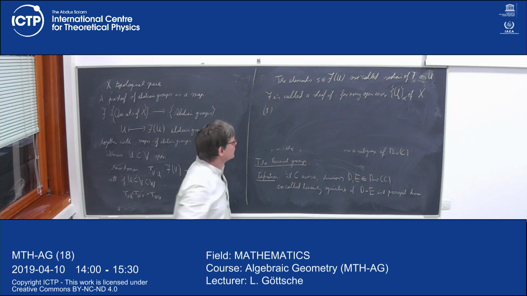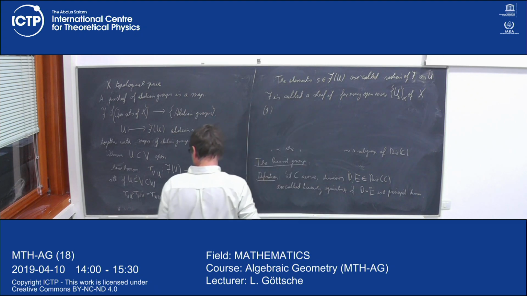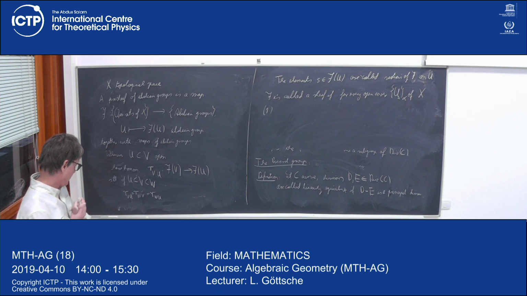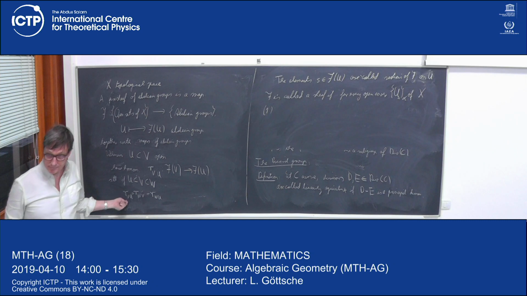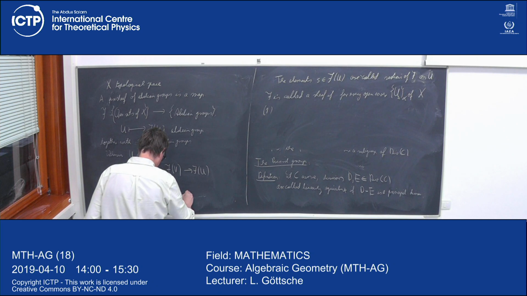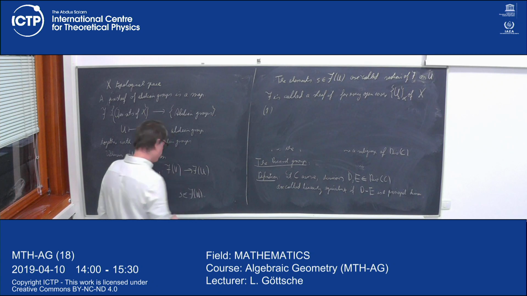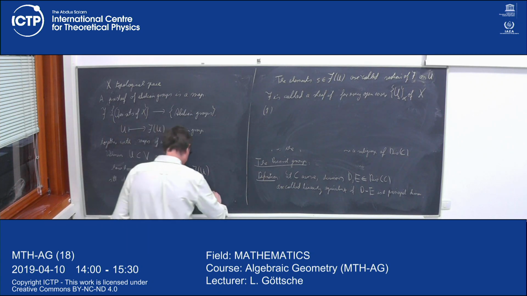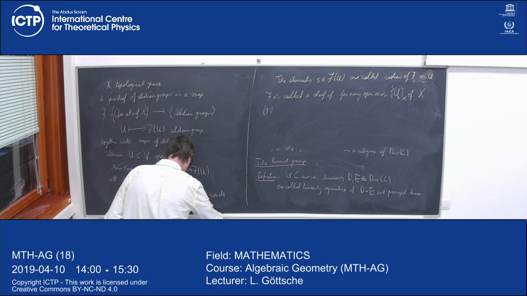First, by abuse of notation, if s is an element in F of W, then I write s restricted to V for rho W V of s.